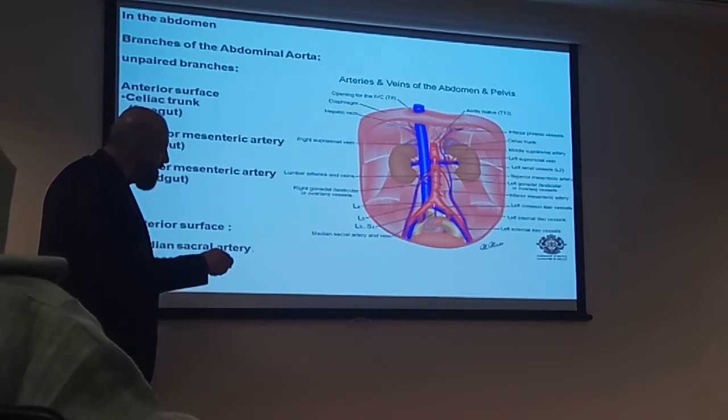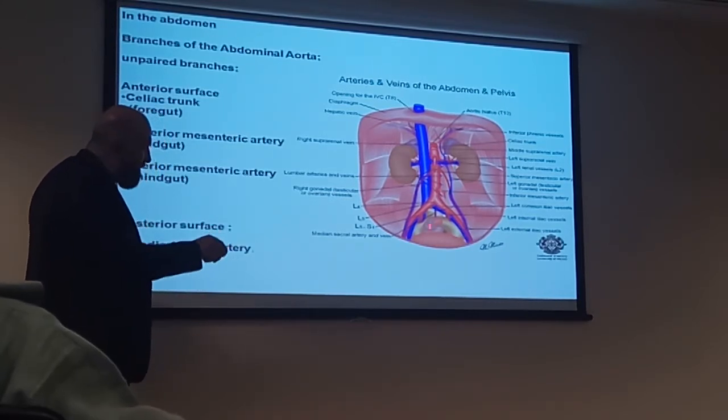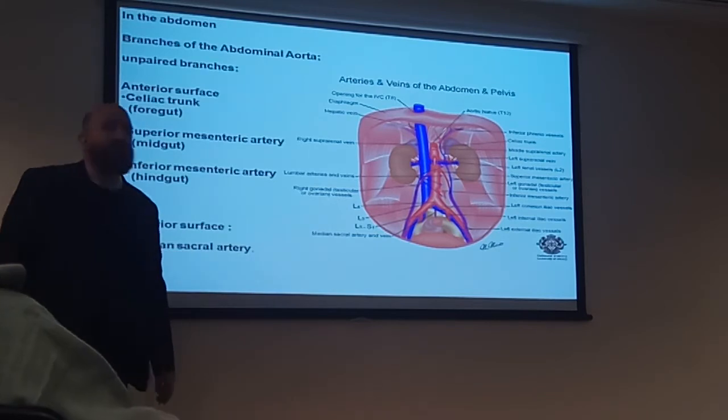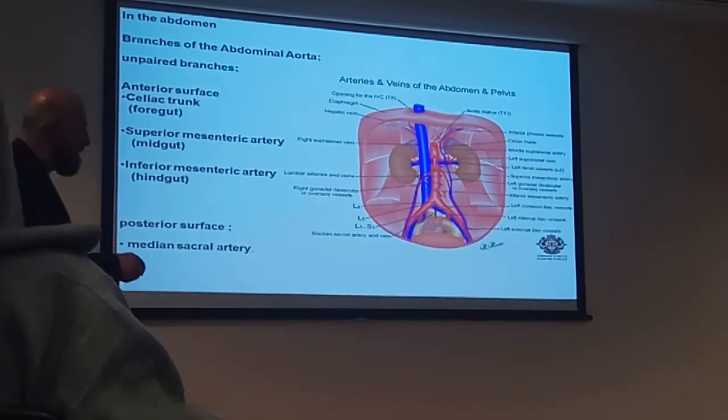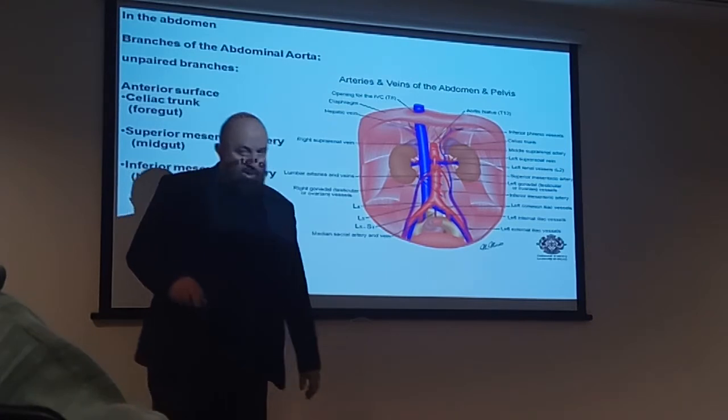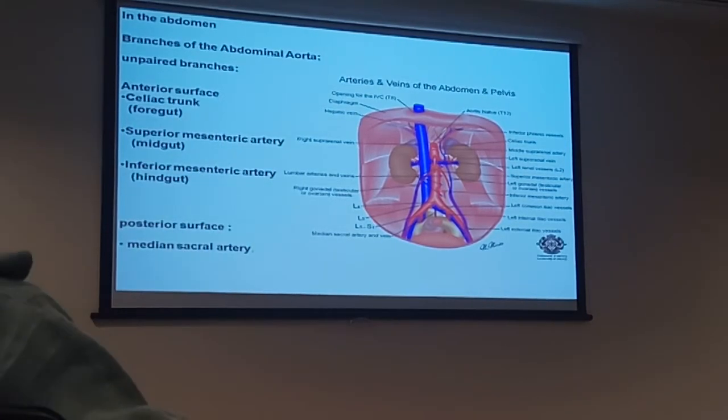Right, there is one small from the back, called the median sacral, that goes to the rectum. But these are the 3 main ones. Celiac is for foregut, superior mesenteric is for midgut, and the inferior mesenteric is for hindgut.